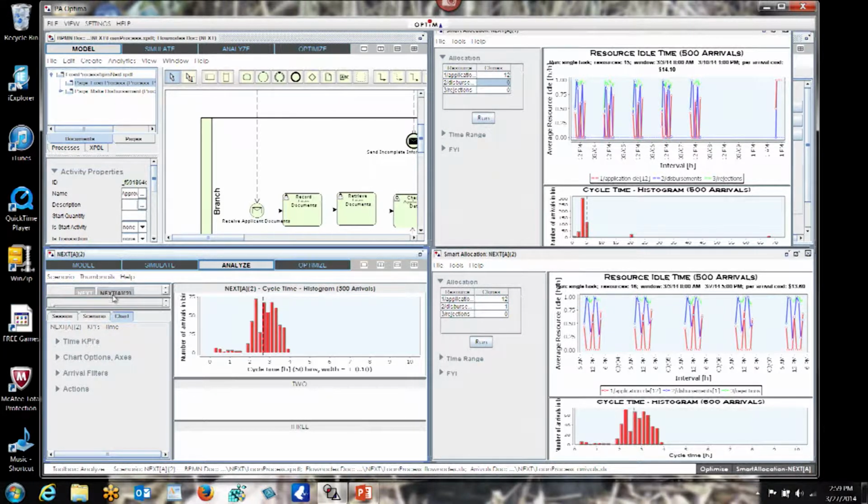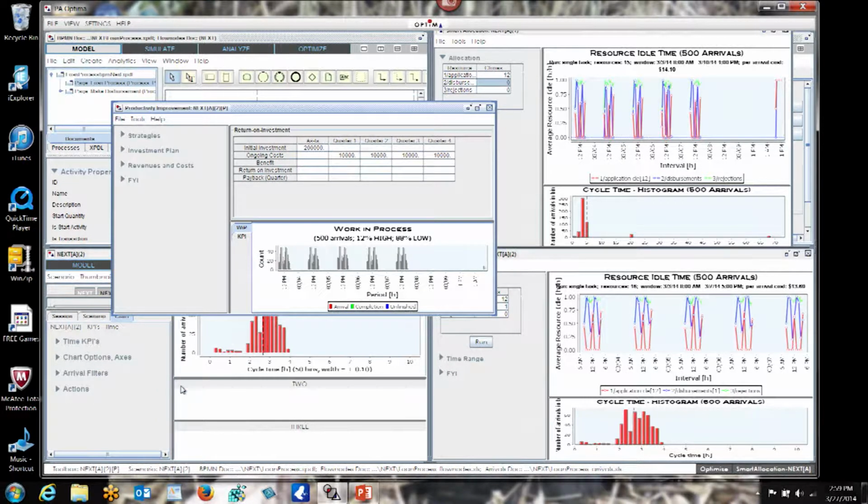So I'm going to use another smart tool that's designed for doing this. It's called Smart Productivity. And it's a sophisticated tool, but the interface is pure spreadsheets. The idea in this is these are business analysts, they don't have to know how to build models. They don't have to know anything about BPMN, but they can use this tool to answer the question about how they should spend money.